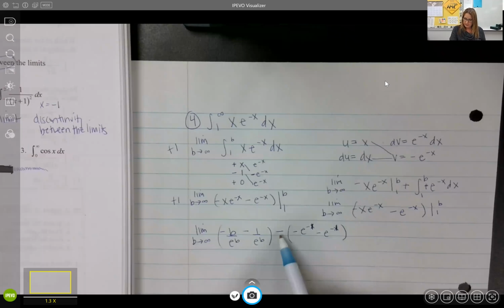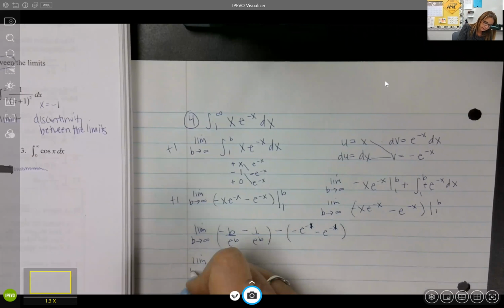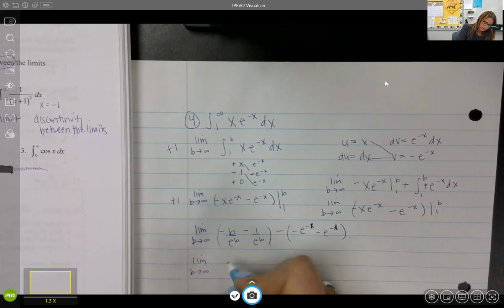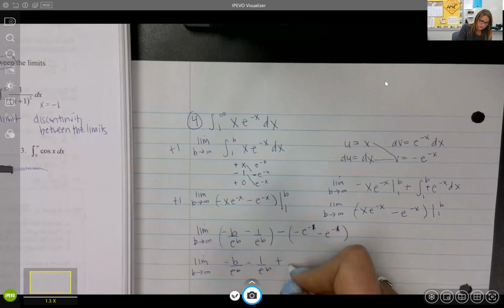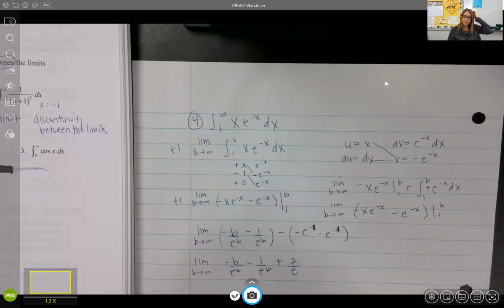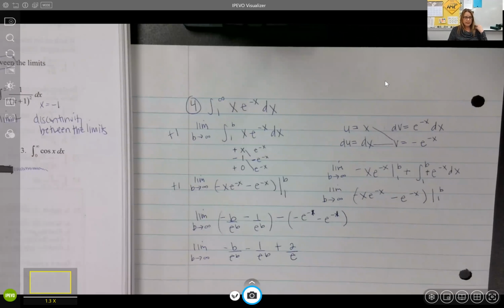Then the negative is going to cancel out. So let's write that, 2 over e. Okay. All right, now we plug our infinity in.